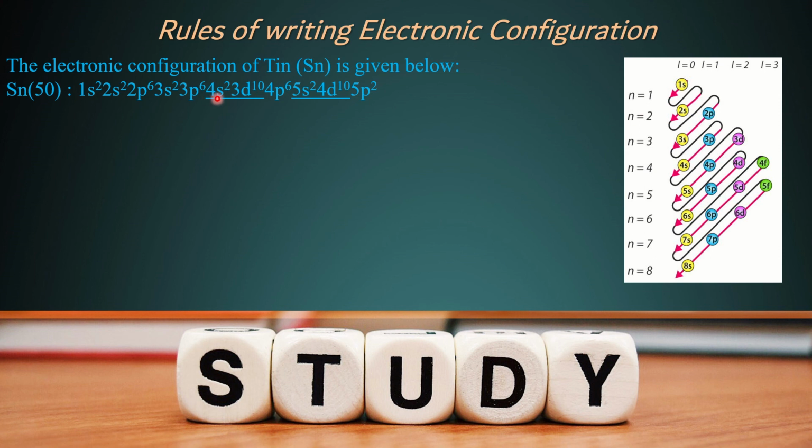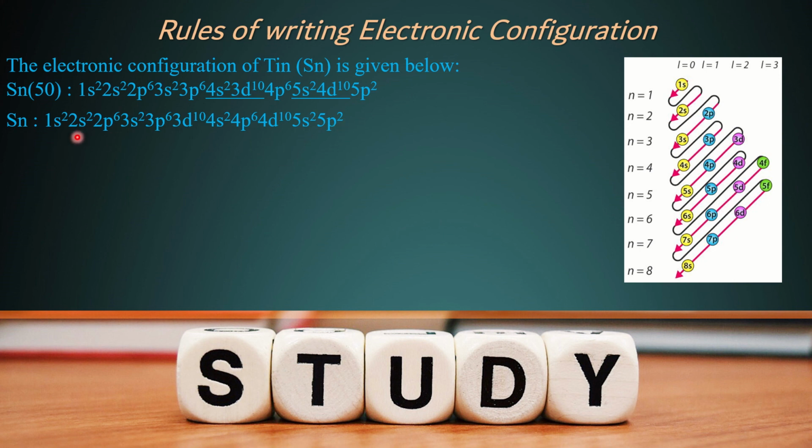Now here also look, the orbitals are arranged according to increasing energy level, not by energy shell. So here also you will rearrange this: after 3p6 comes 3d10, then 4s2, 4p6, 4d10, and then 5s2, 5p2. So the correct electronic configuration of tin will be this.